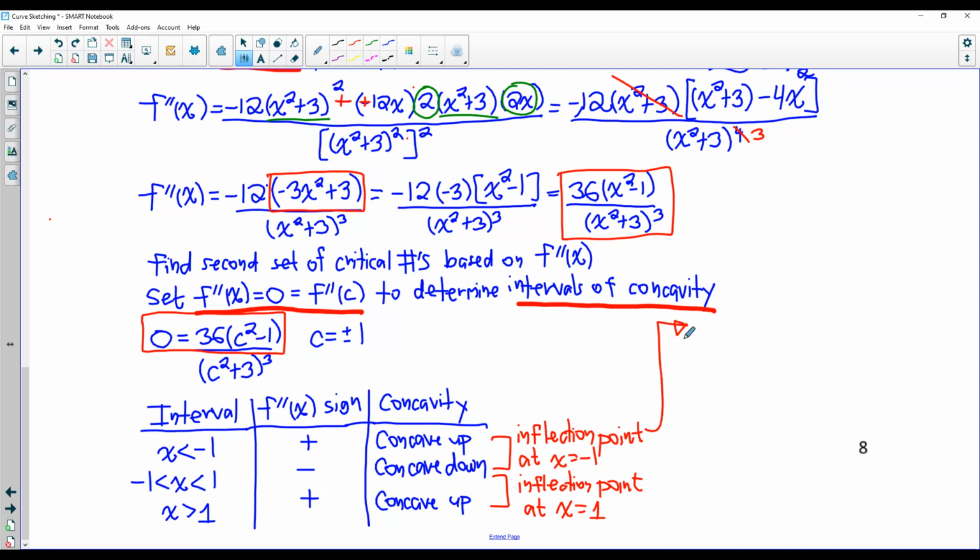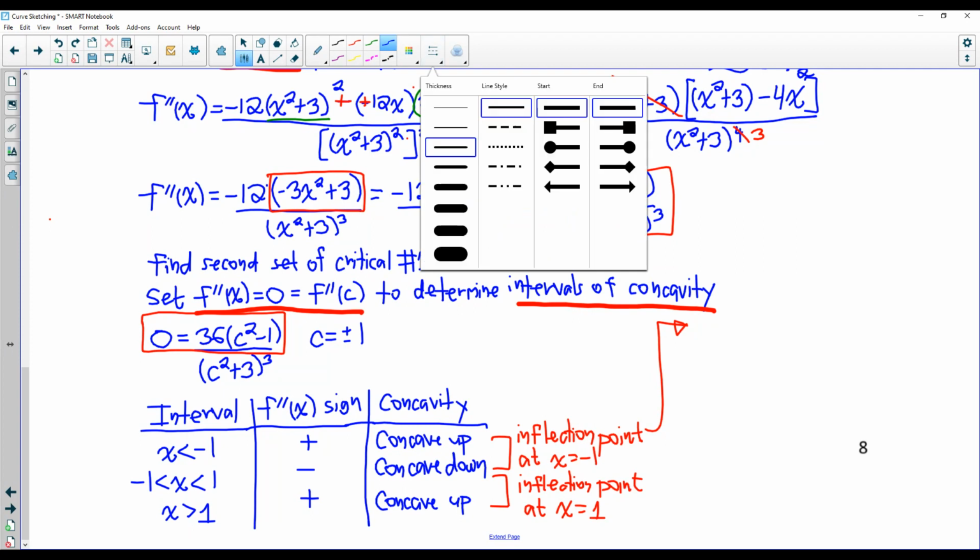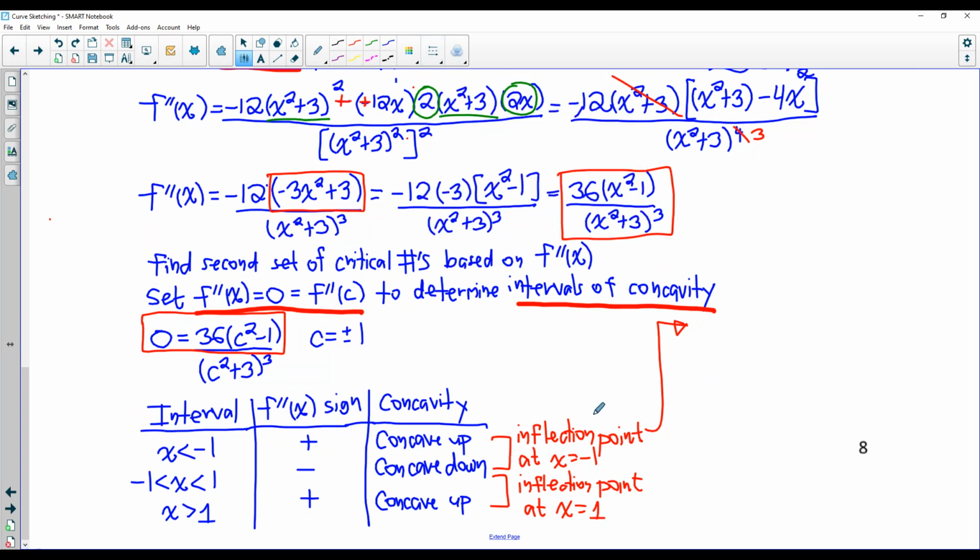And we can quickly determine the coordinates of this. If you want the coordinates of the inflection point, you have to plug it back into the original equation.